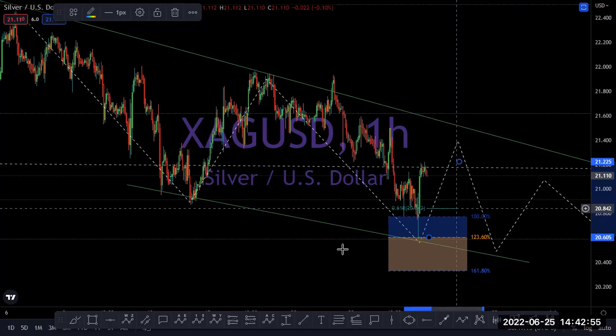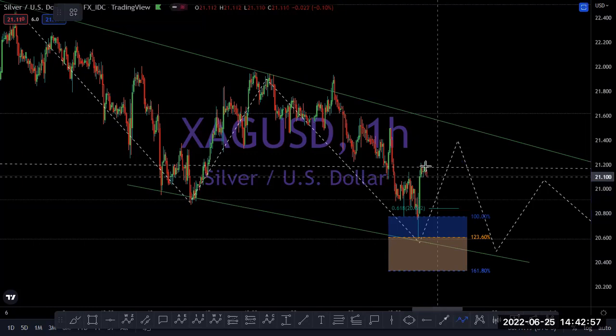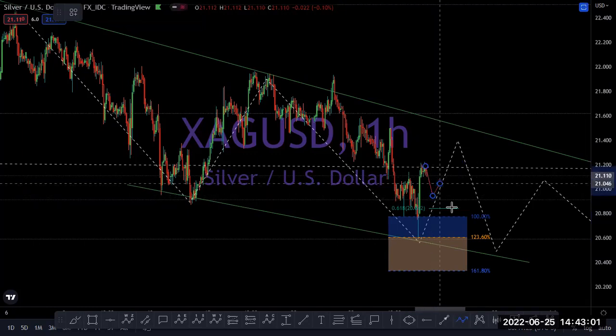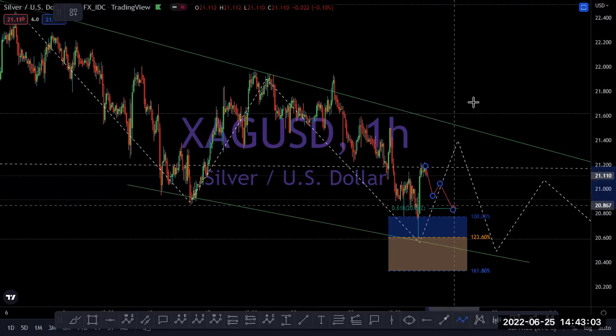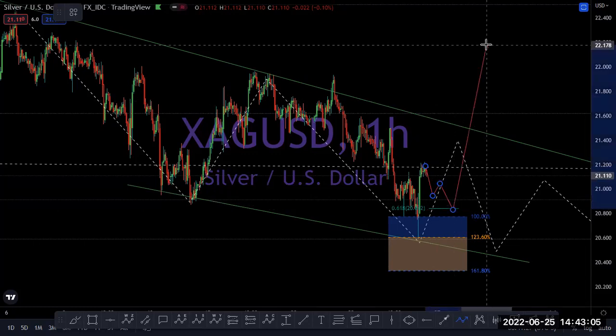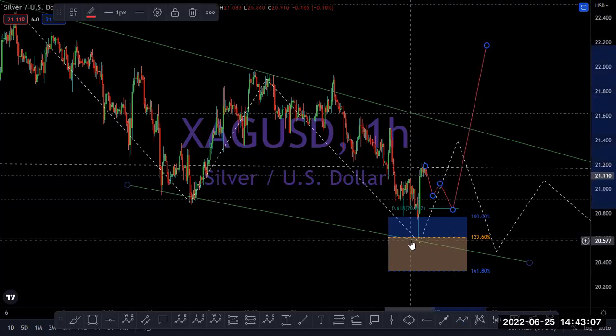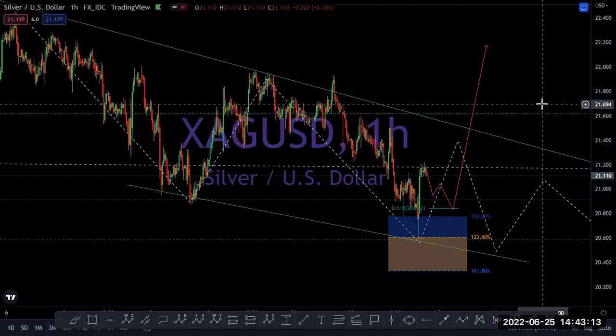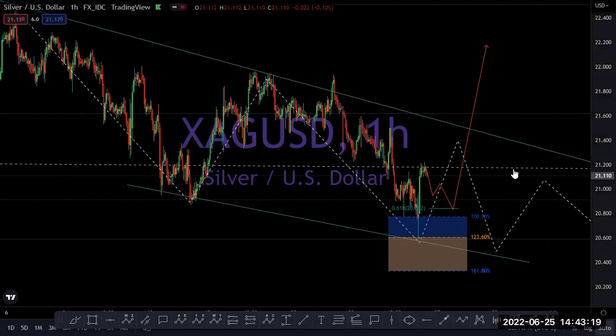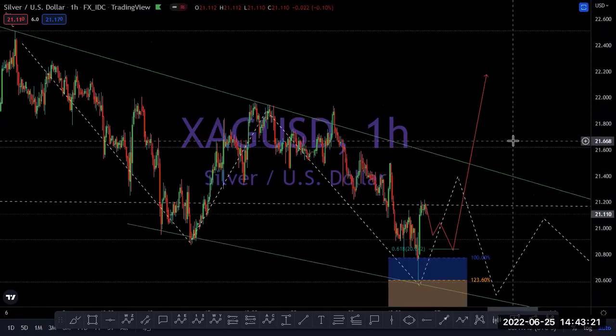And if it happens, we buy from here, stop loss will be just 20.5, just this low. Okay. This is not just analysis, it's just a lesson. Free lesson, take it. Okay, so now let's continue.